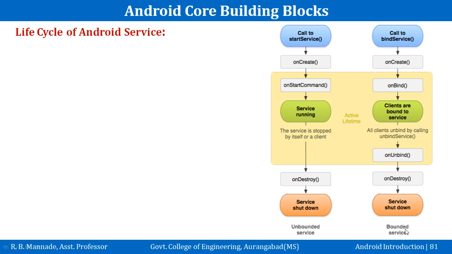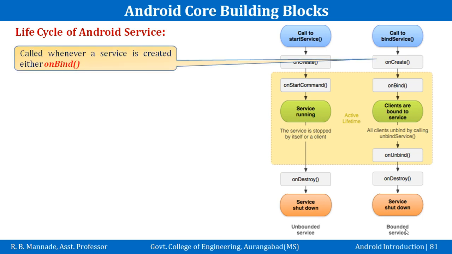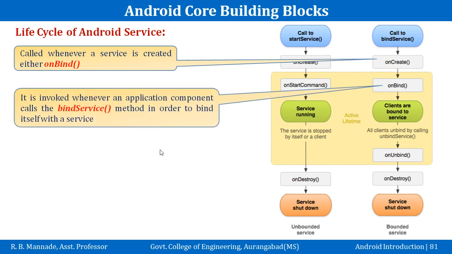Similarly, in case of the bounded service, this onCreate method is called whenever the service is created using the onBind function. Okay. So the onBind function is invoked whenever an application component like an activity calls the bindService method in order to bind itself with the service, right?